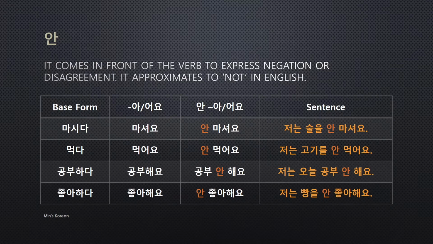Because this is not noun plus 하다 verb. This is just one word 좋아하다. So you need to say 안 first and then 좋아해요. 자, sentence. 저는 빵을 안 좋아해요. 저는 빵 bread 안 좋아해요, don't like. So I don't like bread. All good.